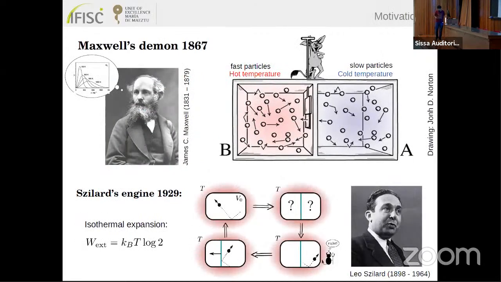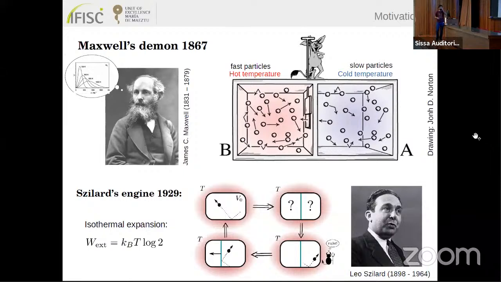Okay, so let me start with a brief reminder about Maxwell's demon. Neri Merbat also introduced it yesterday. Essentially, Maxwell's demon is a thought experiment introduced by Maxwell in 1867 after studying the kinetic theory of gases. He imagined a gas split in two chambers, A and B, at different temperatures, communicated only by a small trapdoor in the middle, which can be open or closed.